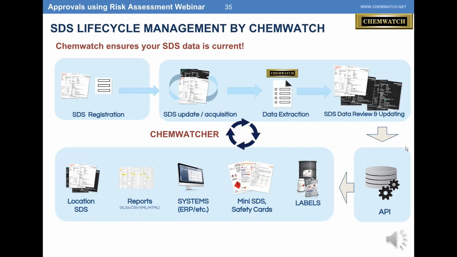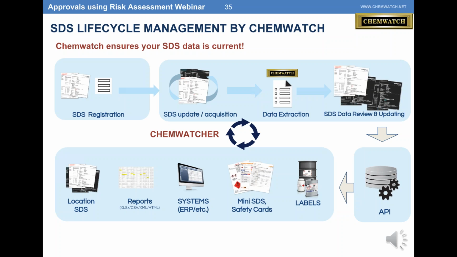So if you need to know about a substance you're authoring, or you're mixing something, there's a lot of power in that as well. Another thing is, the heart and soul of a lot of this is the SDS, and keeping up with your SDS is kind of a pain in the rear. We do that for you. So we basically get your SDS, we register it, we acquire the data, we extract the data, and then we make that data available to you. But then in turn, we leverage that data so you can make labels, safety cards, mini SDSs.